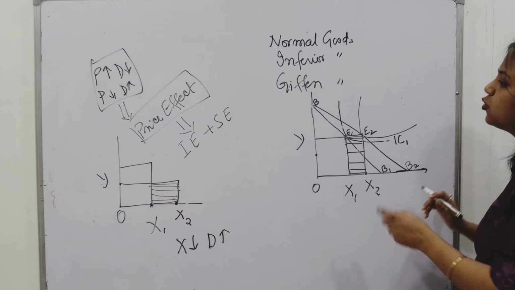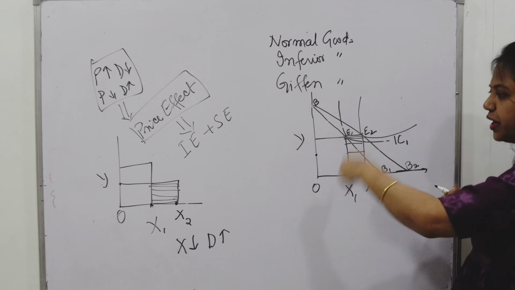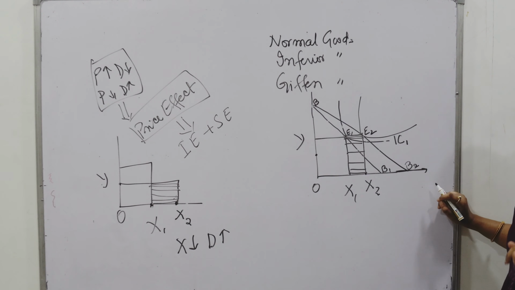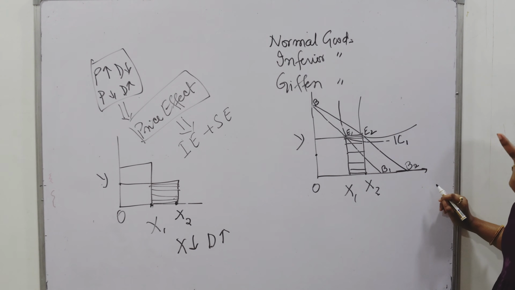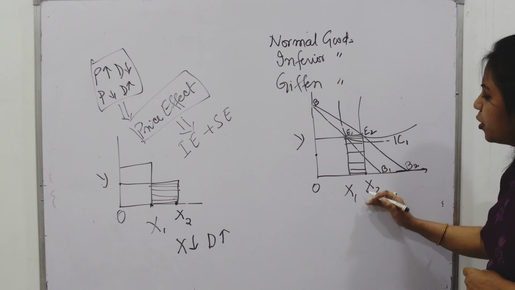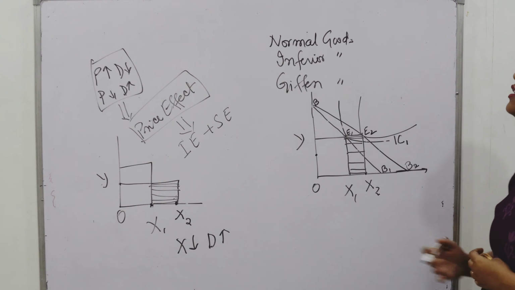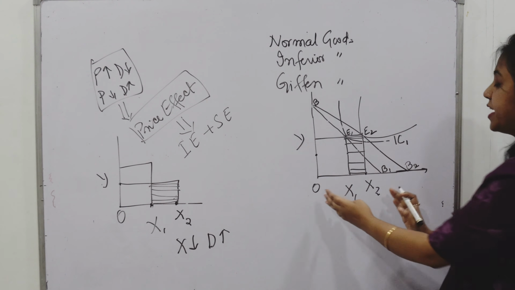Now friends, as I told you, this price effect has to be broken down into income and substitution effect. For that, we follow the Hicksian or Hicks substitution theorem. He says that when the price of a commodity falls, that means the price of X has reduced, my purchasing power increases.